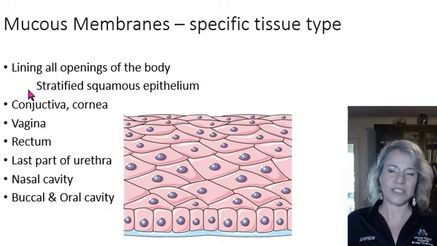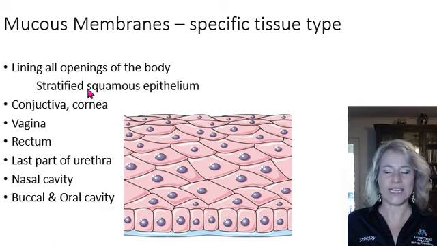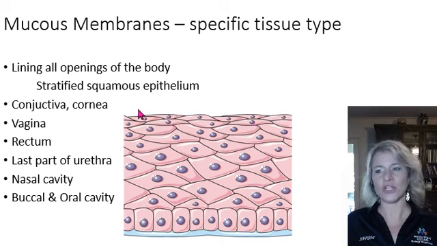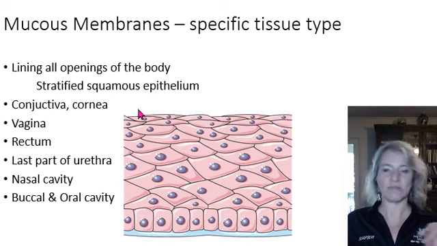If it's an opening to the body, it really does need to be for protection. And that top layer of cells, these are scale-like, and they're also dead cells. So if they were to get burned or scratched up and scraped up, it's okay because they're dead cells.